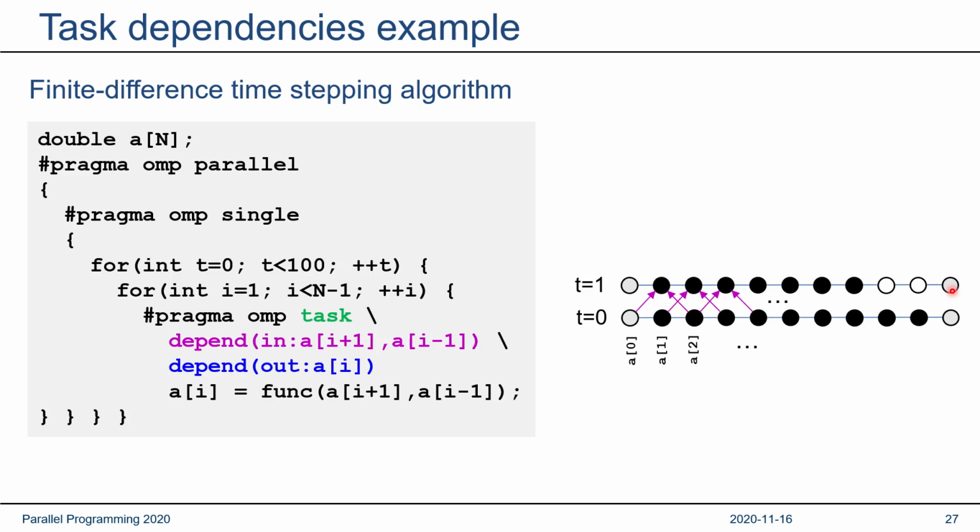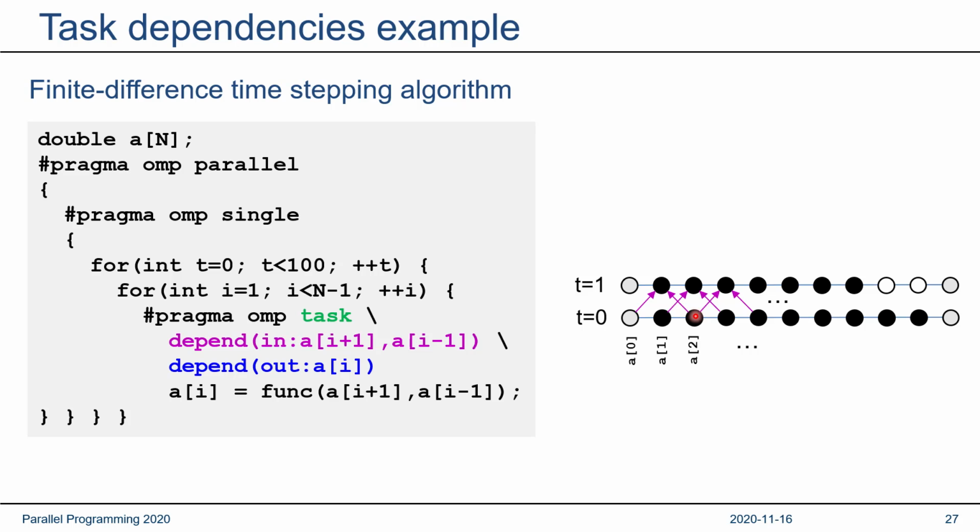So in a graphical way, this is shown on the right. In order to get from time step 0 to time step 1, I take two values, which are two elements apart. I plug them into the function, and I produce a new value for the element in the middle.